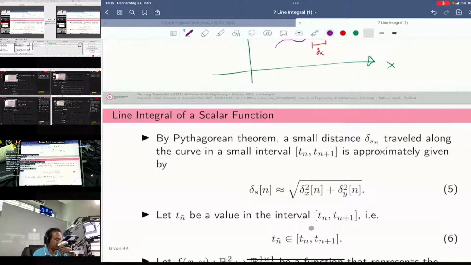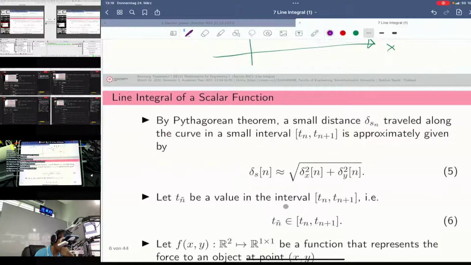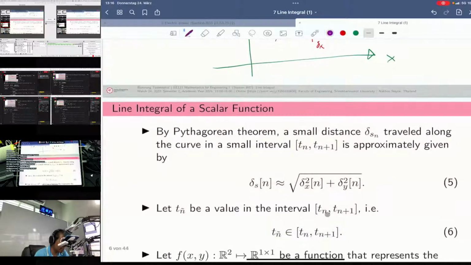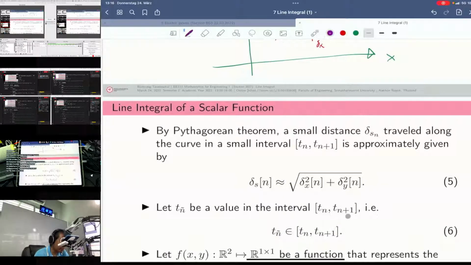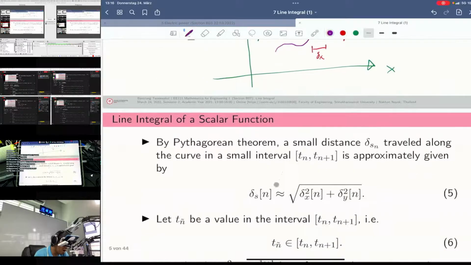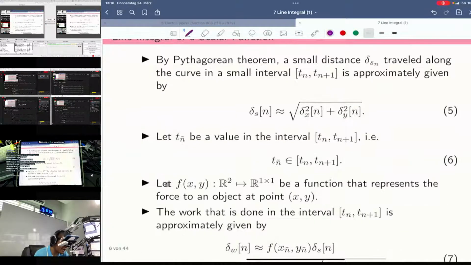Let's go further. Consider any interval between t_n and t_n plus 1, and let f(x,y) be a function that represents the force on an object at point (x,y).